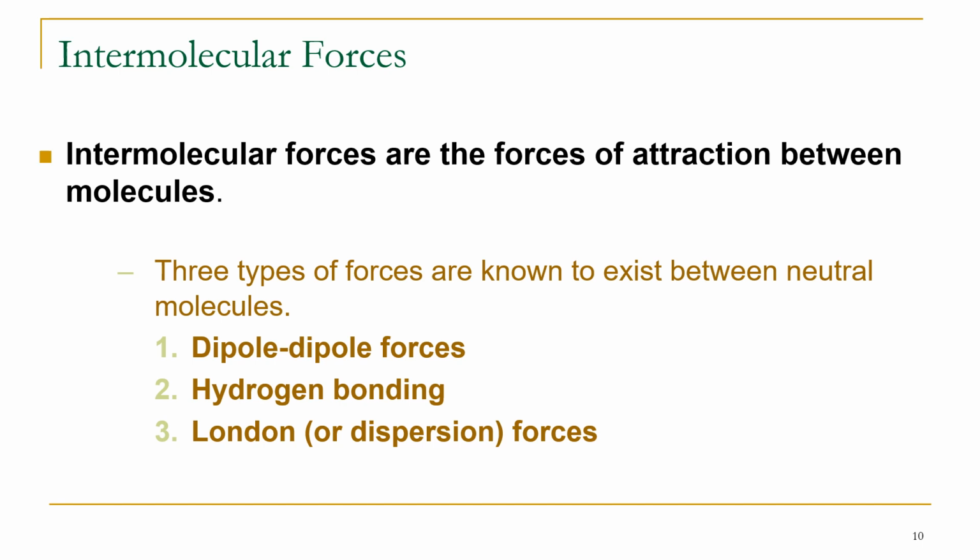We also can include ionic forces. Ionic forces are, of course, between ions. So in this discussion right now, we're mostly going to be talking about the non-ionic forces: dipole-dipole, hydrogen bonding, and London, or dispersion forces.